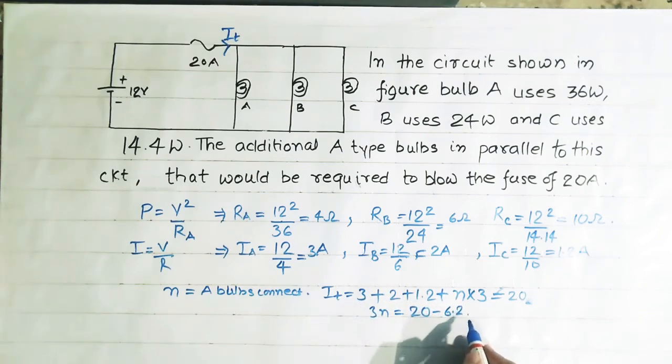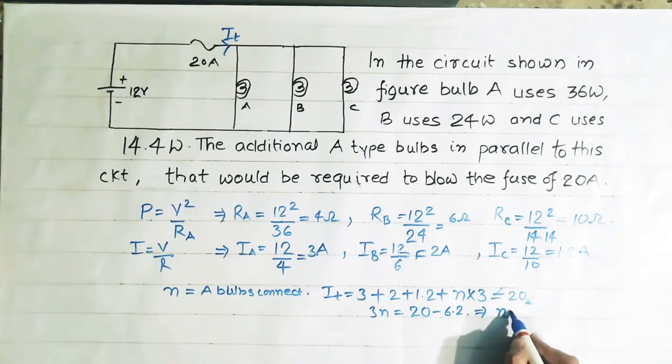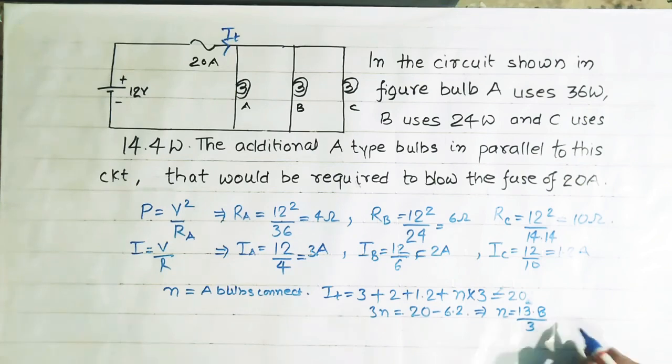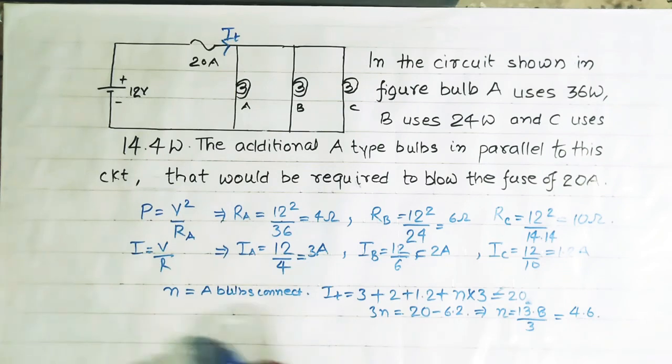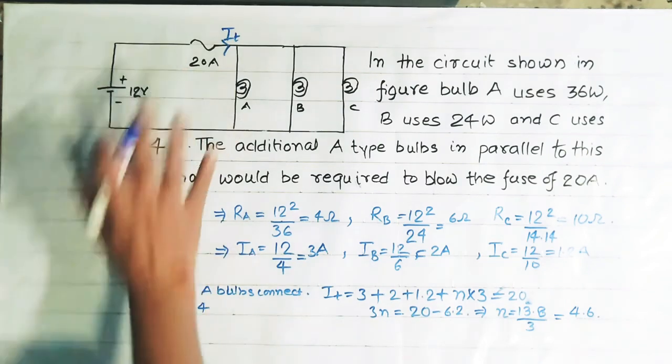Okay, so we get n is equals to 13.8 by 3 and that is equals to 4.6. 4.6 means up to 4 bulbs this fuse will not blow off.